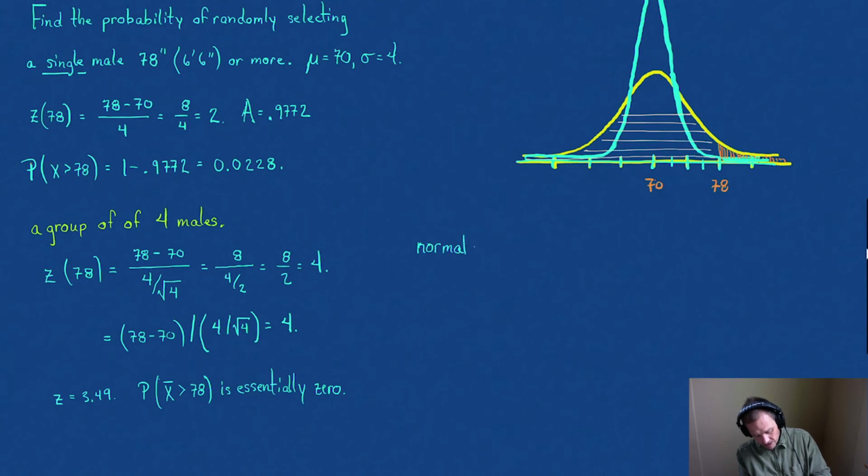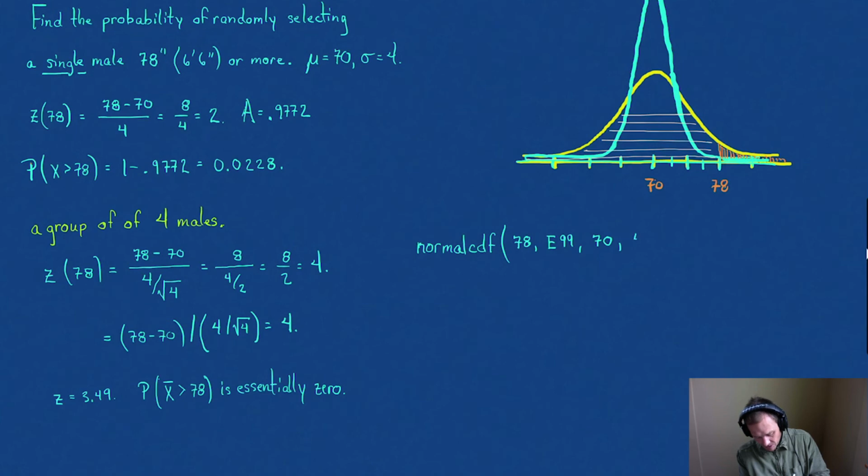Normal CDF, and then you're going to enter the left value. The left value in our case is going to be 78. Our right value is going to be infinity, and infinity for your calculator is E99, comma, and then you enter the mean, 70, and then the standard deviation.